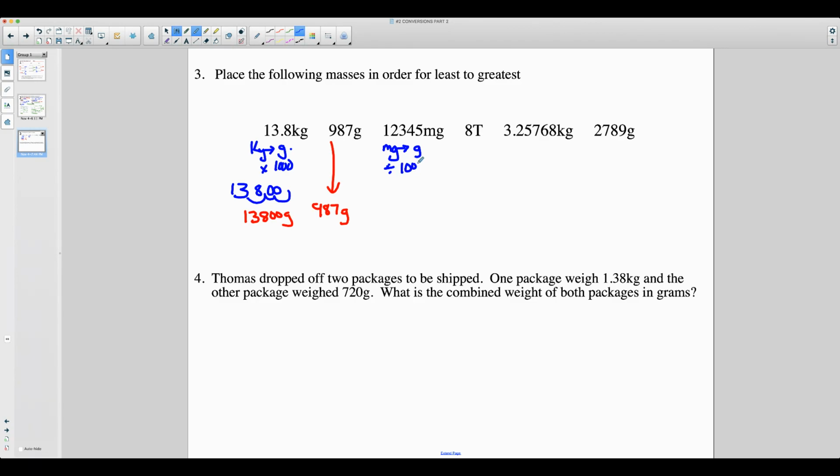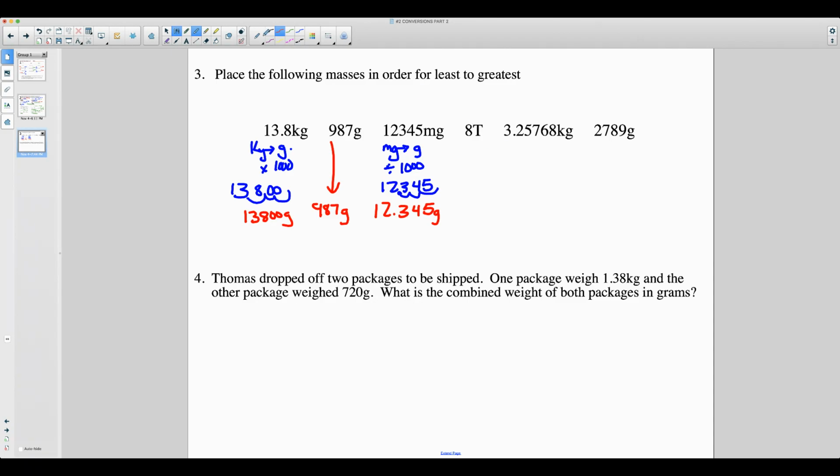So that gives me right away 12,345 milligrams. And what I'm going to do is the decimal would be here at the end of a whole number, but divide by 3 place values. So now I have 12 and 345 thousandths of a gram. All right.